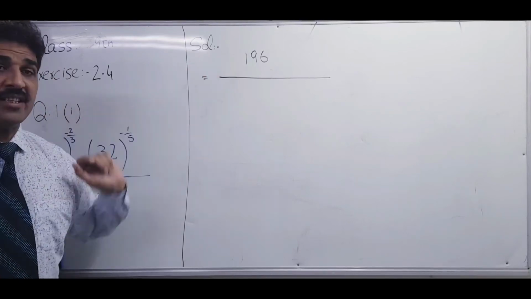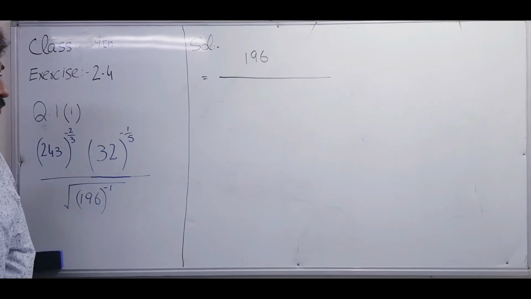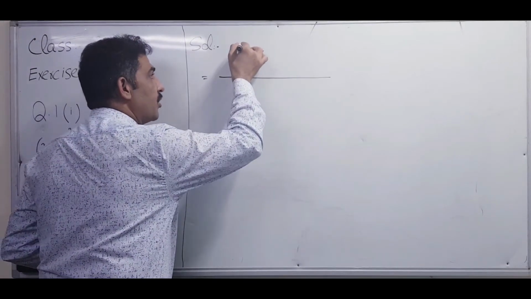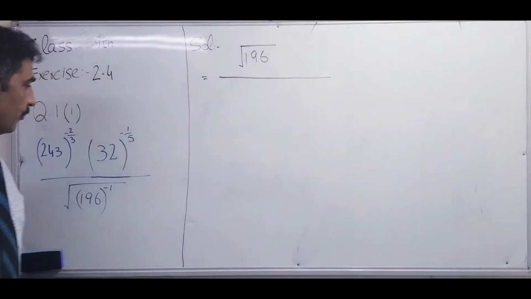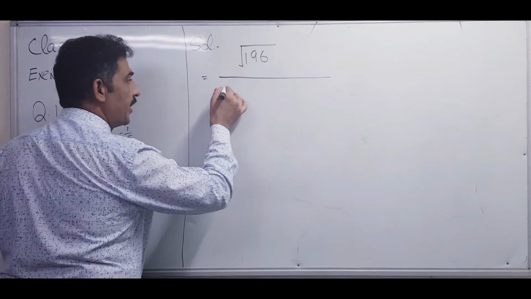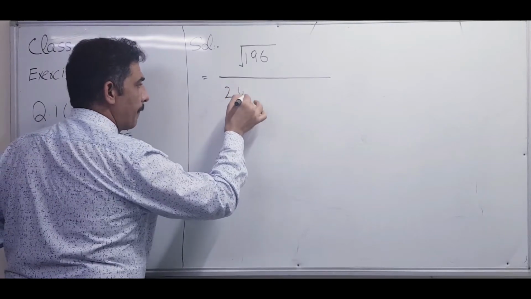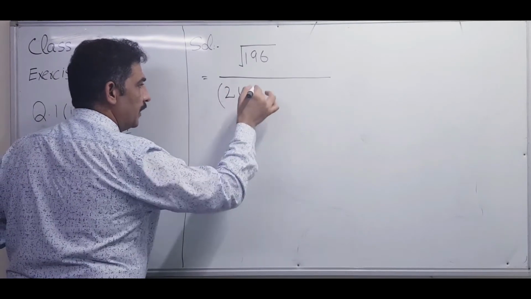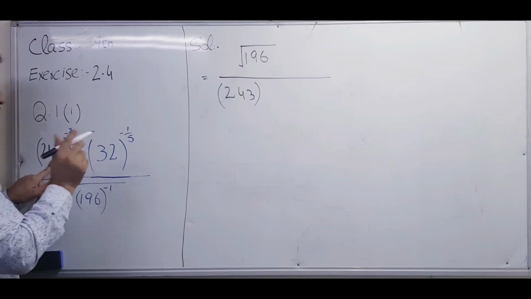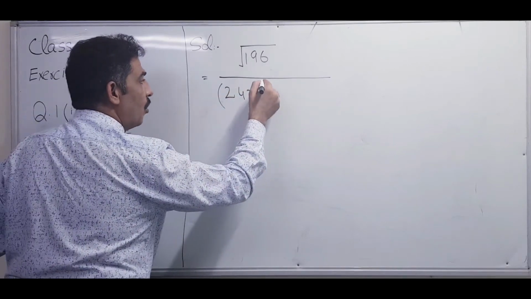When it goes to the numerator, its exponent becomes 1, and an exponent of 1 we do not need to write. 243 we will write in the denominator, and its exponent before that was -2/3. When it changes into the denominator, its exponent becomes 2/3.